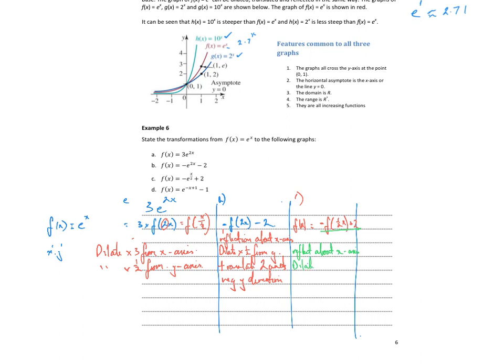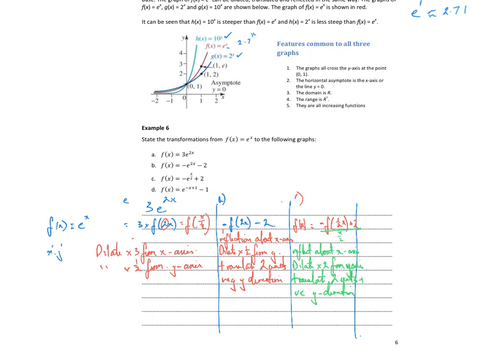Now this time it's the same as saying x on 2, so it is dilate by a factor of 2 from the y-axis. That's close. And 2 units up, translate 2 units in the positive y direction.